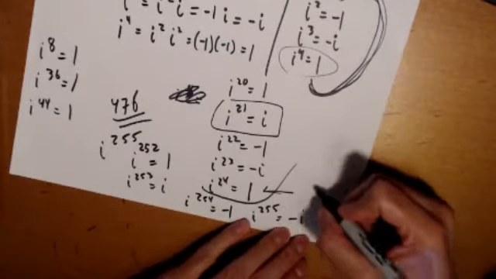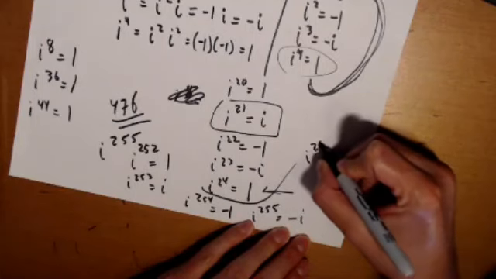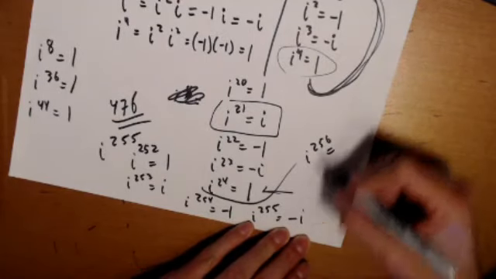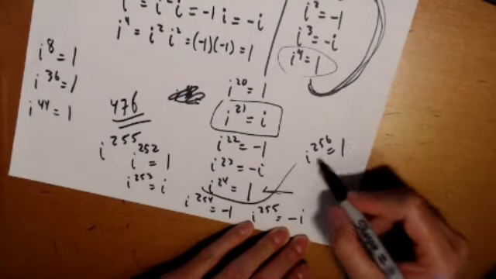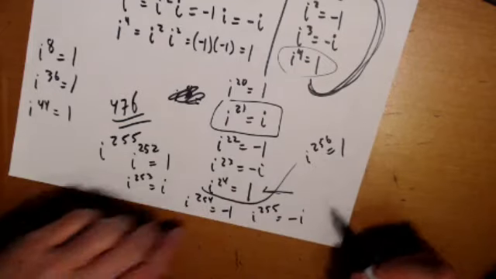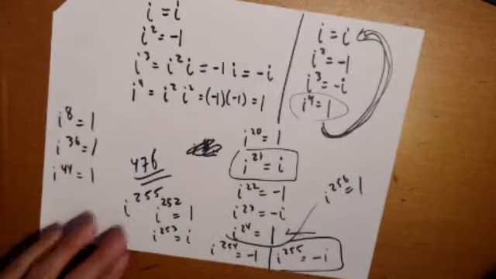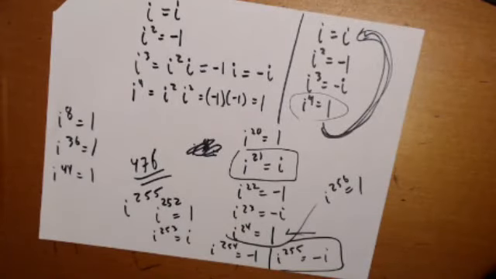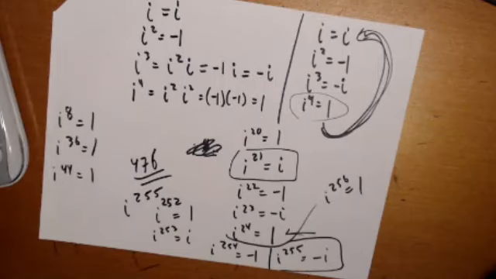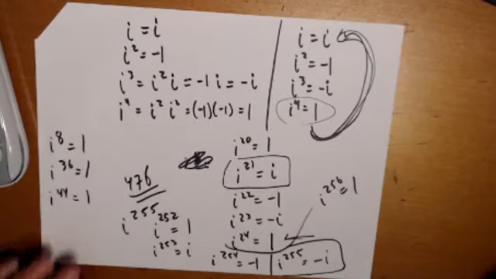And then just for fun, what's after 255? i to the 256. What's after negative i? 1. 4 goes into 256, so everything is making sense. Okay. So, Chapter 8. Wow. Should be able to handle 8.8 now.